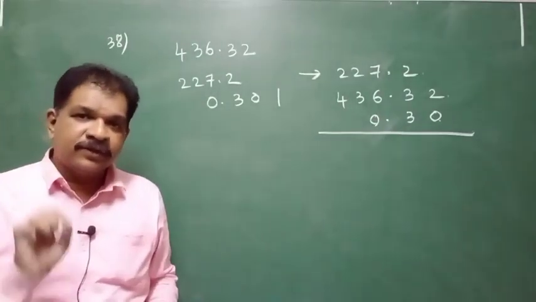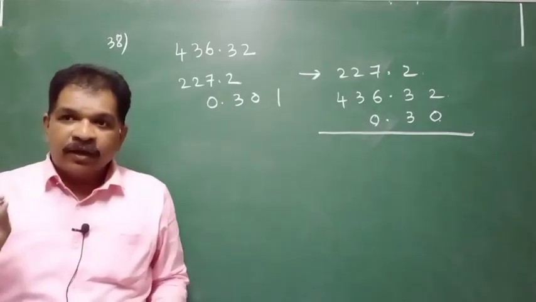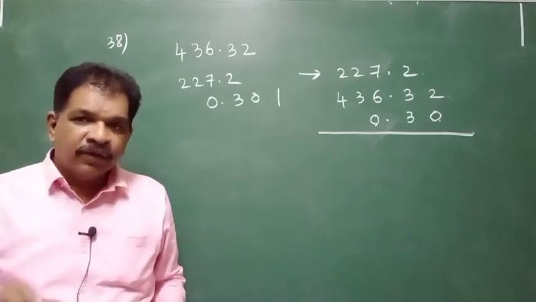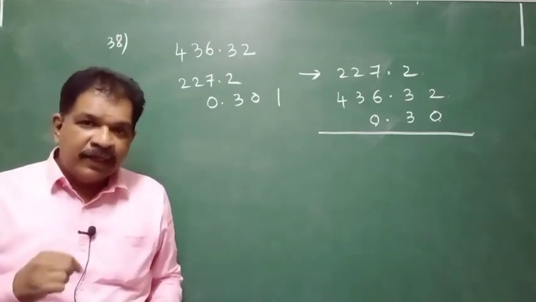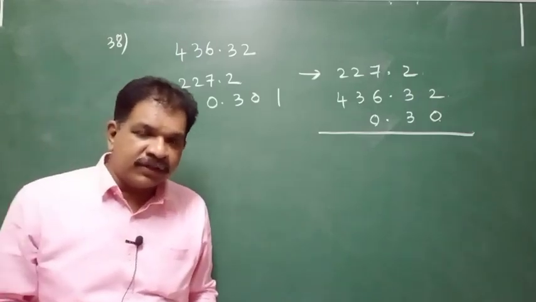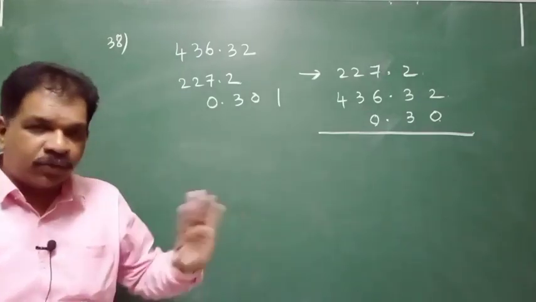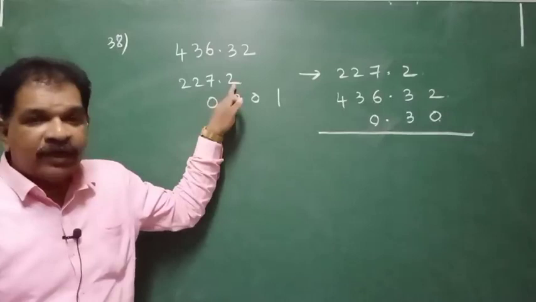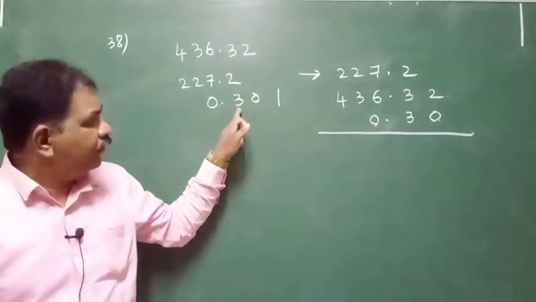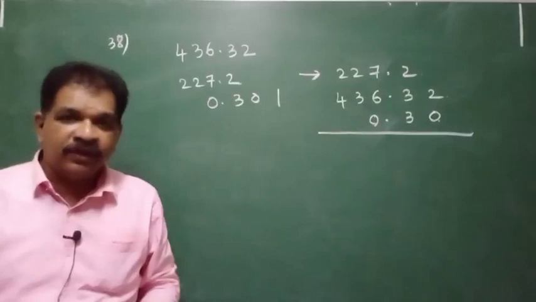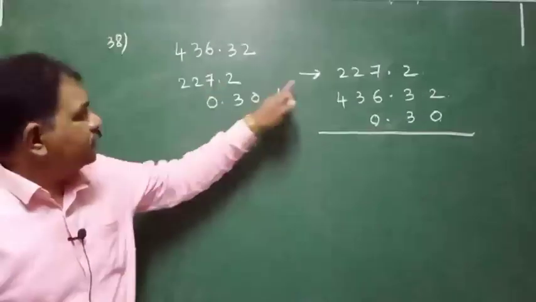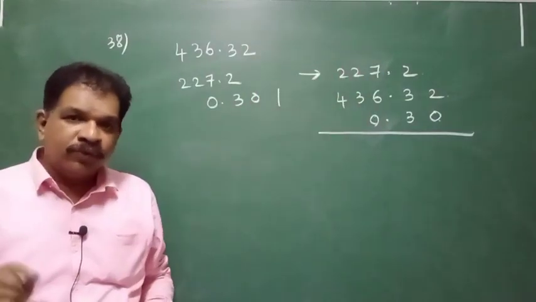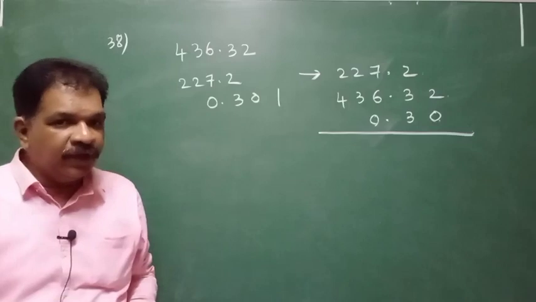Once again, listen, simple principle. Observe the numbers. Identify the number which has the least number of significant figures after the decimal point, not the total number. After the decimal point, here 2, here 1, and this number has 3. Write that least number here. All the remaining should be rounded to have 2 significant figures.